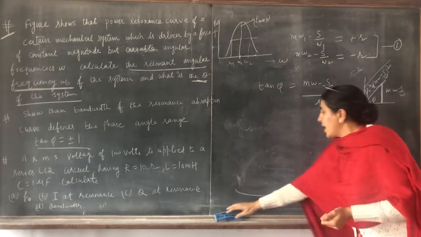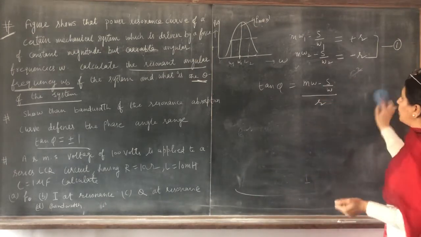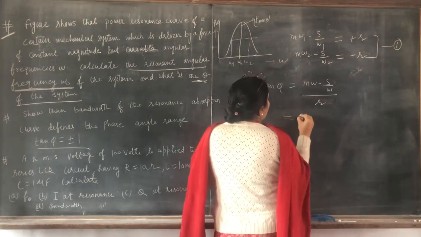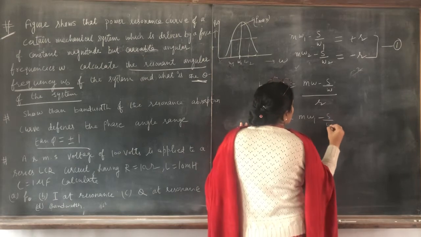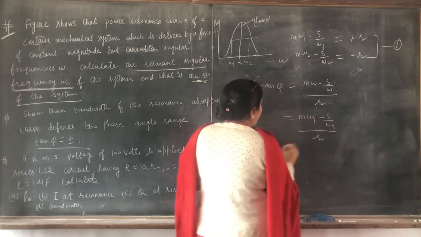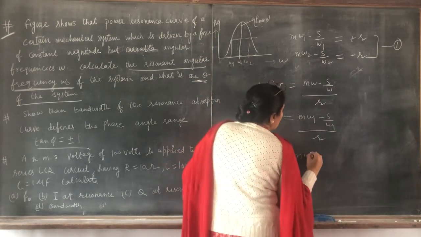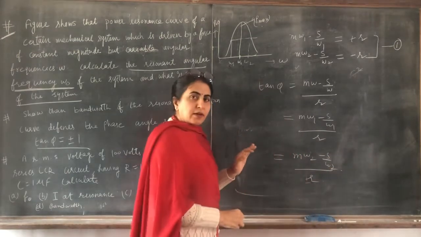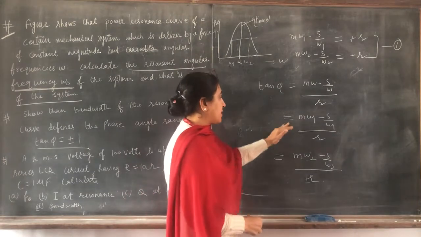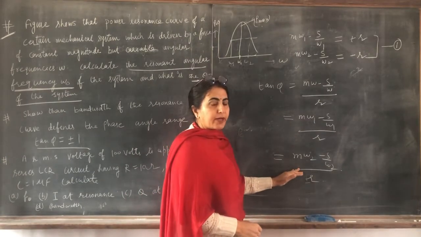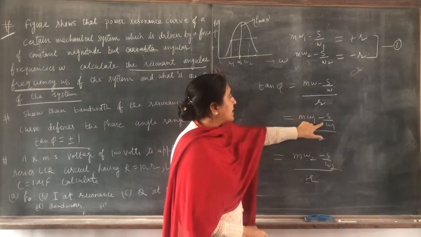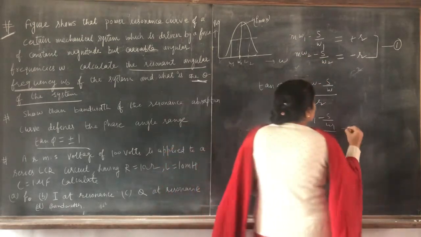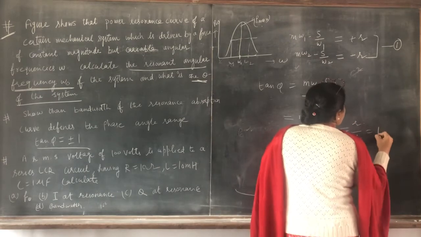So tan phi in this triangle will become (M omega minus S over omega) upon R. Clear? So put the values. First for omega 1, we take (M omega 1 minus S over omega 1) upon R, and for the other, we take (M omega 2 minus S over omega 2) upon R, for the two frequencies. From equation one, M omega 1 minus S over omega 1 is equal to plus R, so this is R by R, equal to 1.